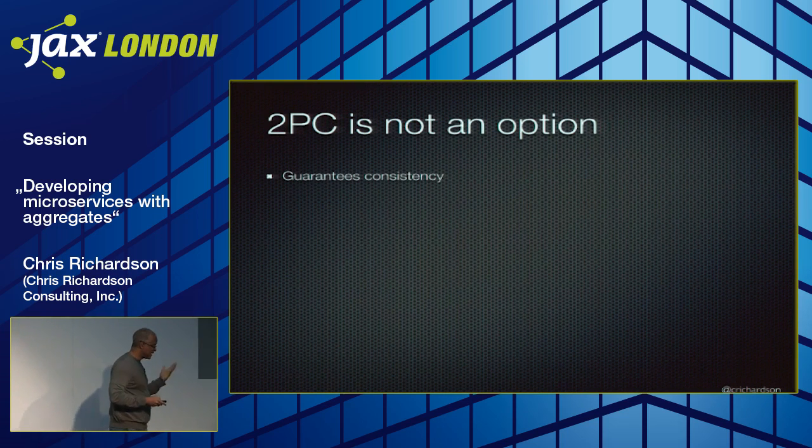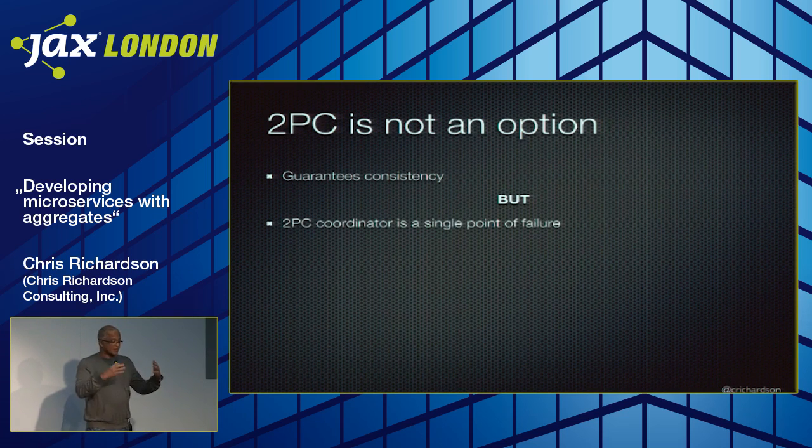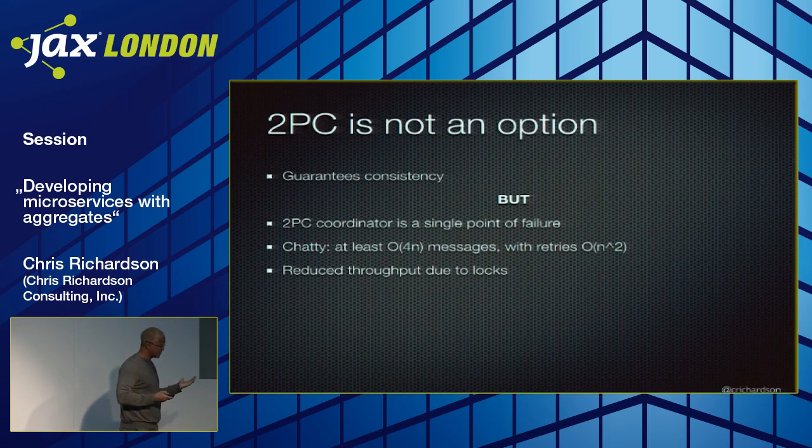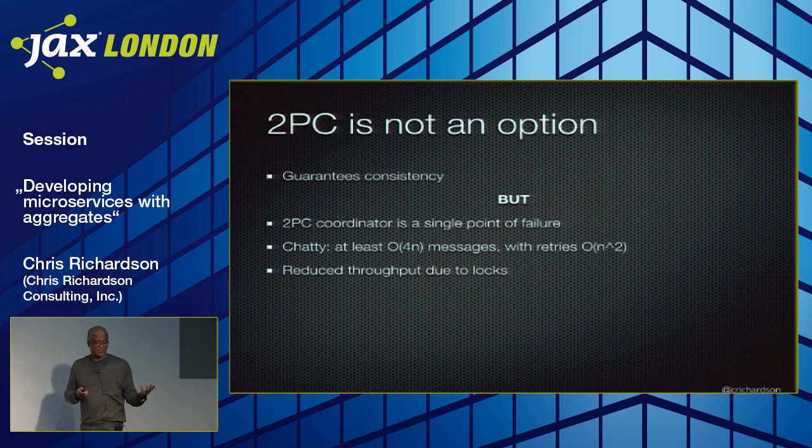Because on the one hand, yes, it guarantees consistency, subject to a lot of fine print about how distributed transactions work with a particular database. But if you dig into two-phase commit, the coordinator is a single point of failure. It's a very chatty protocol. It might actually reduce throughput because data is locked for the duration of a transaction.